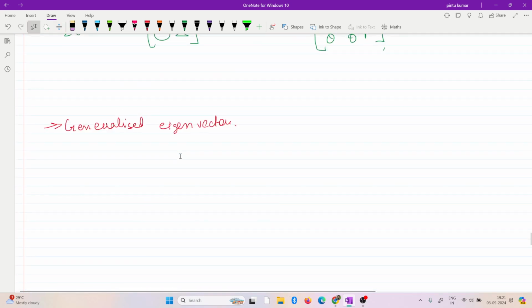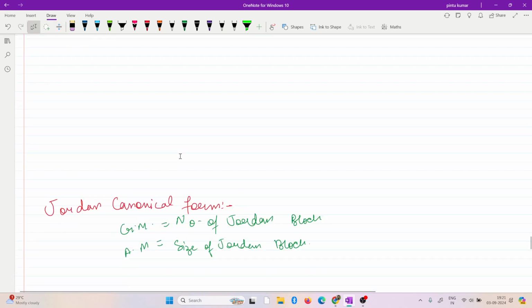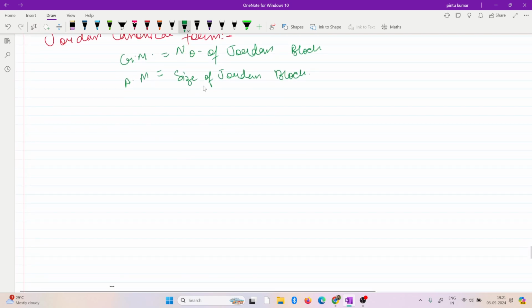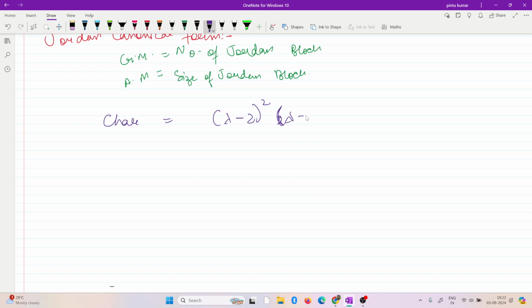Okay, I'll come to generalized eigenvector for sure. Let's say for some matrix, your characteristic polynomial looks something like this: (lambda minus 2) squared, multiplied by (lambda minus 3).